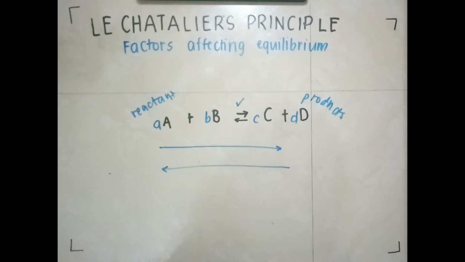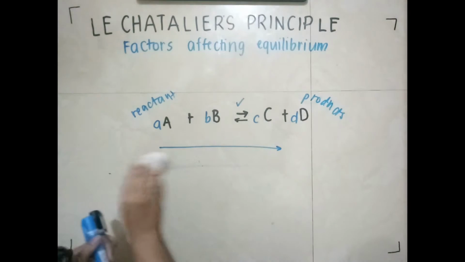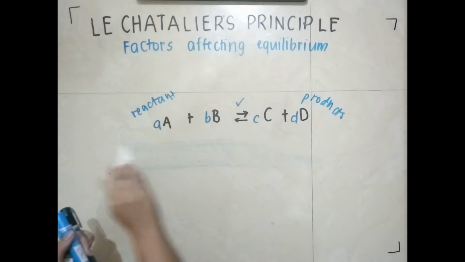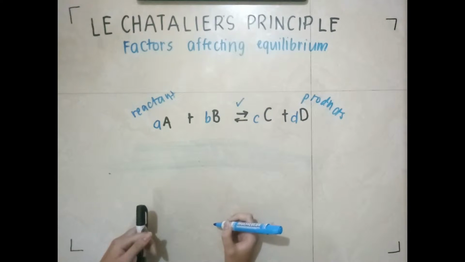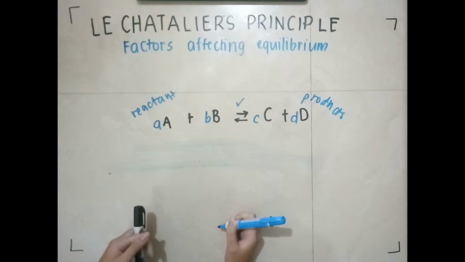I mentioned a while ago that if you add stress to the system, that system will shift in the direction that will reduce the stress. There are three known changes that will affect the system at equilibrium. When you apply a stress to a system, after some time, a new equilibrium will be established.